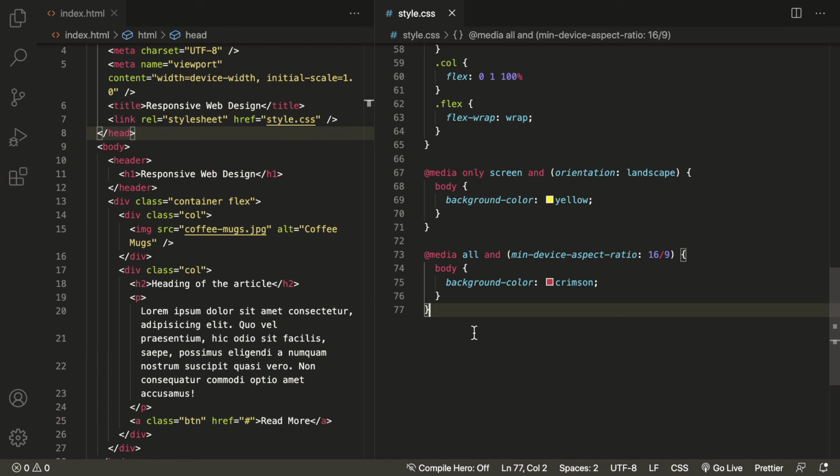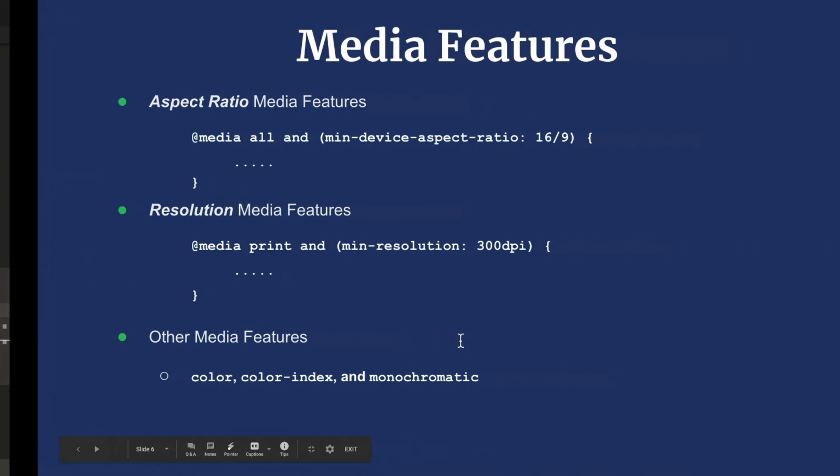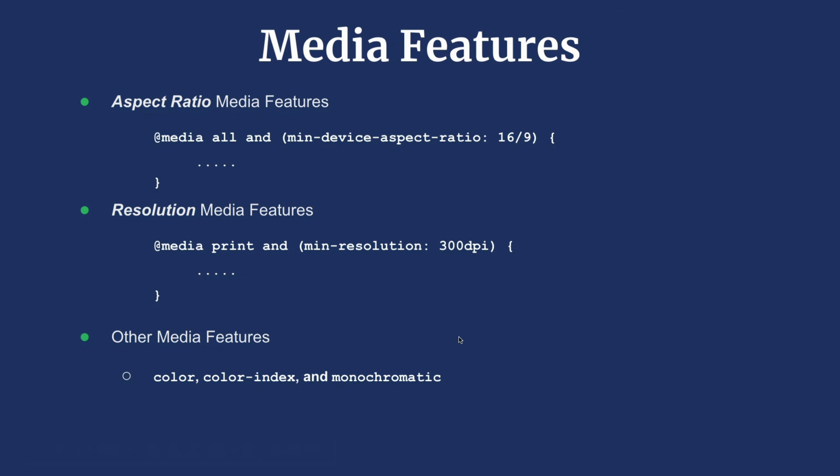After the device aspect ratio media feature, we have another media feature, that is the resolution media feature. The resolution media feature specifies the resolution of the device in pixels, also known as DPI or dots per inch. For example, here we have one resolution media feature of 300 DPI. So if you want to target any screens based on their resolution, we can do such kind of things.